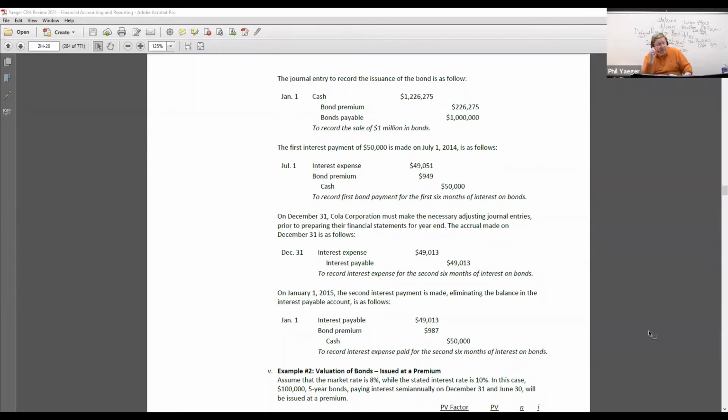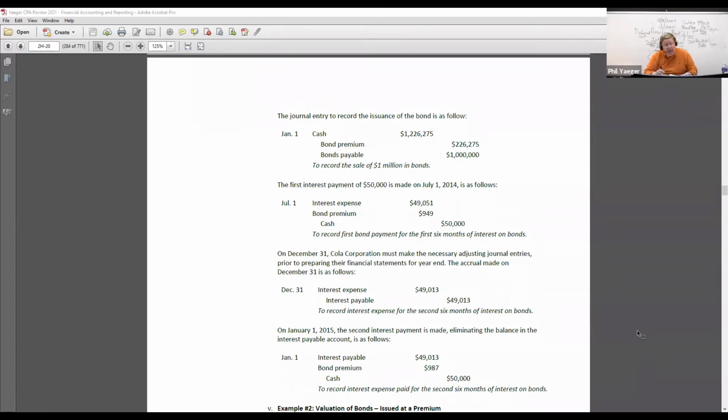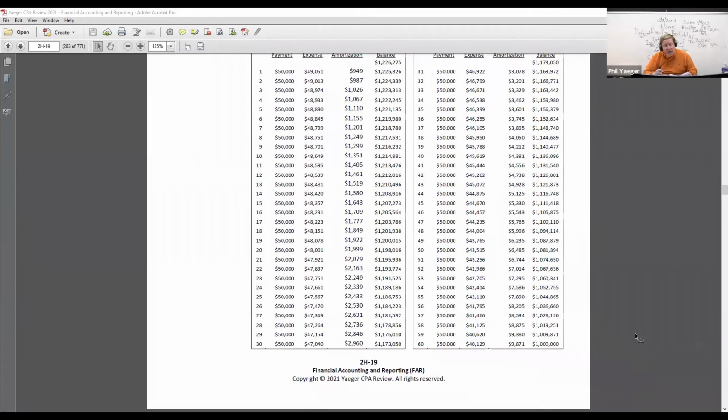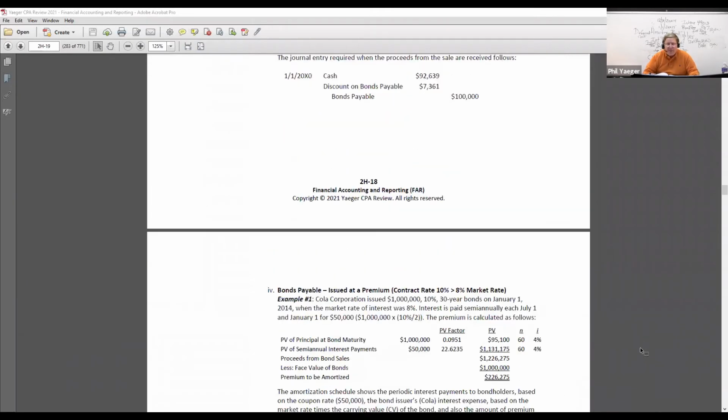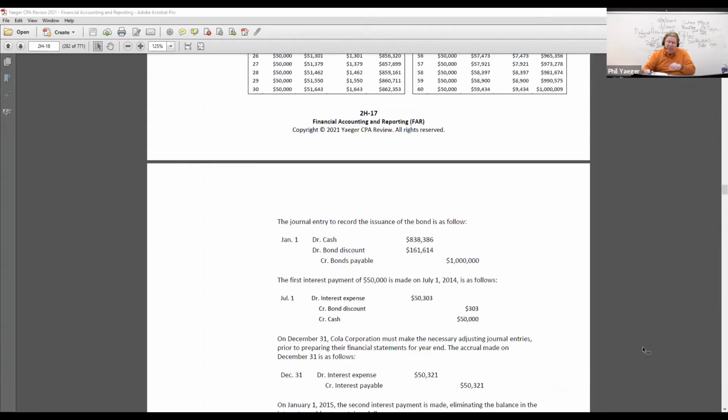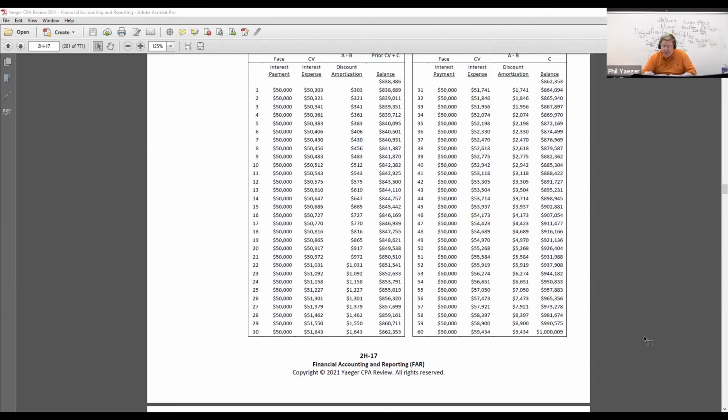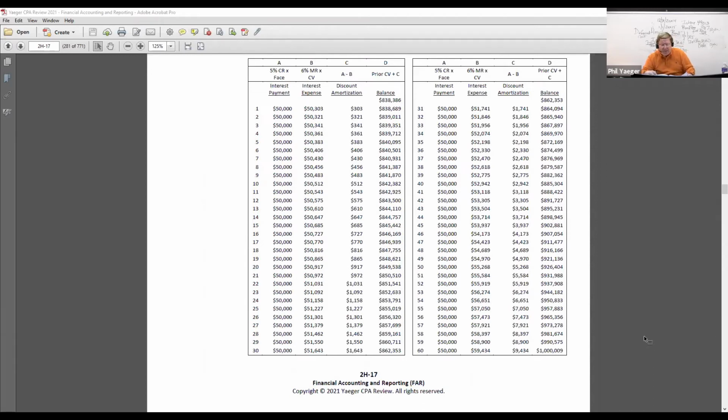If you want to test yourself, on page 2H19 is the amortization schedule for bonds issued at a premium. For bonds issued at a discount, look at page 2H17. Now, don't do 60 periods, please. Just do maybe 5 or 6 periods and that's it. And then make the journal entries. If you get that, then you're fine on the amortization.